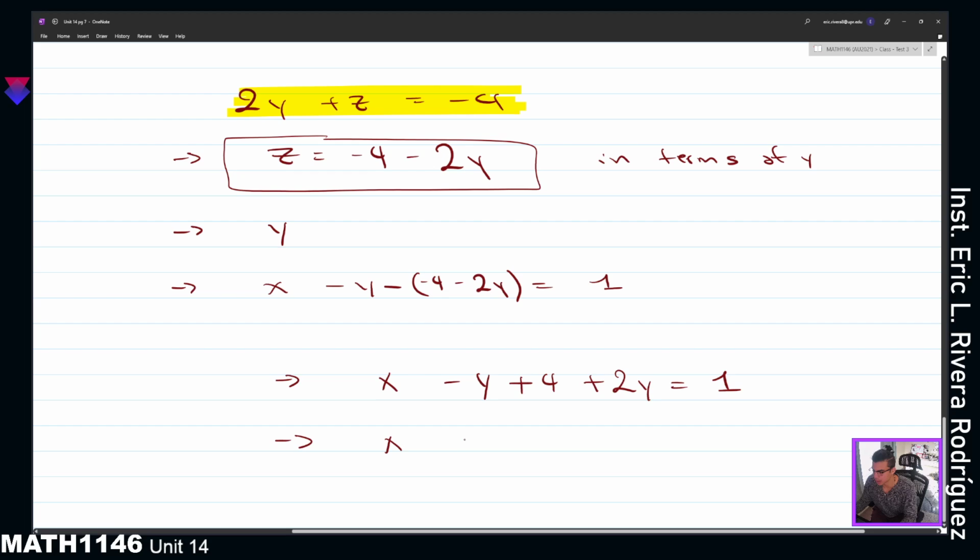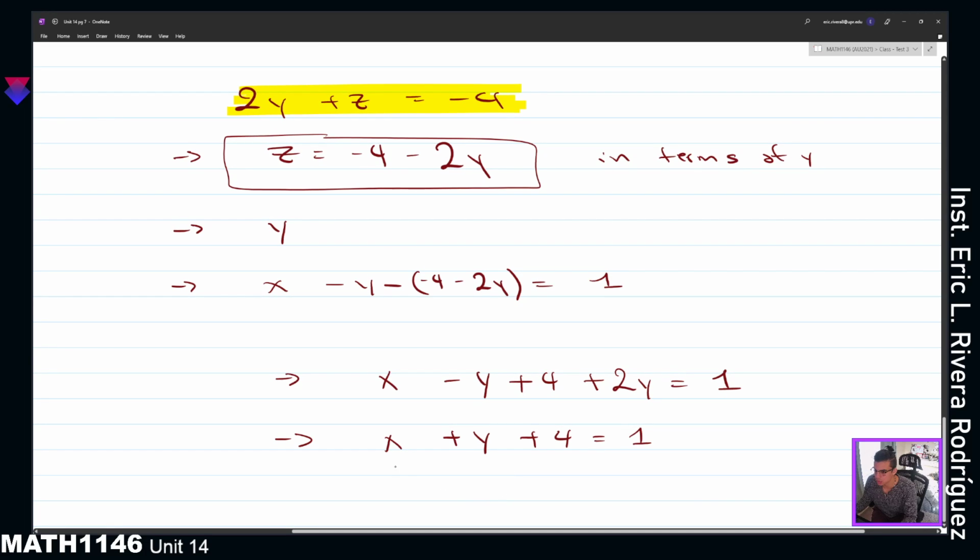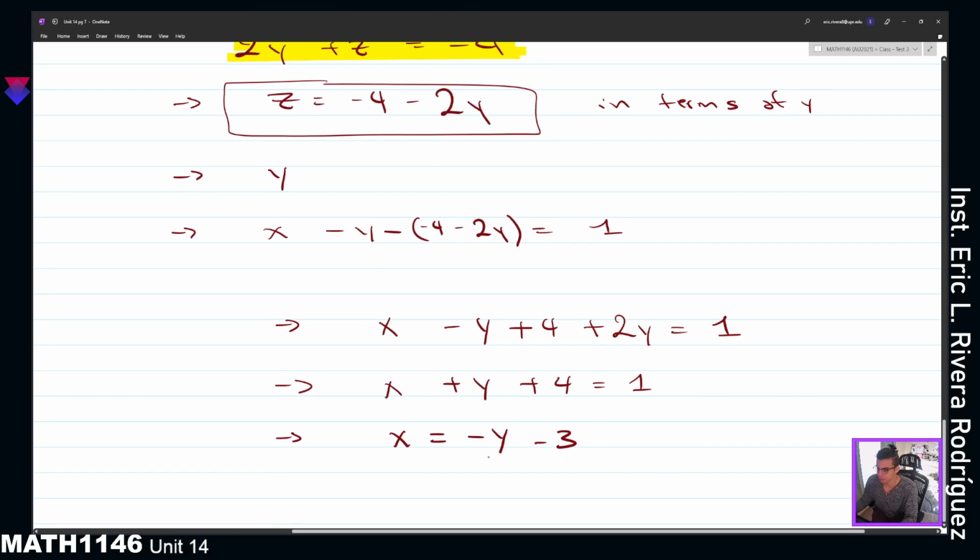Then we combine like terms, so we are going to have -y plus 2y is plus y, and then this 4 stays here, but we are going to move everything to the right side, everything but x, because now we are going to have an equation for x in terms of y. So it will be -y and -3 when we subtract 4 on both sides of the equation. So now we have an equation for x.